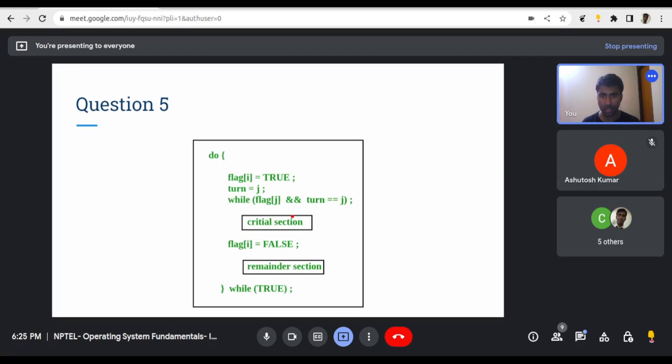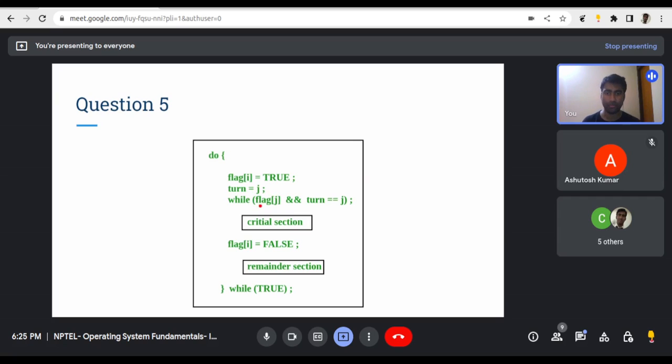And suppose there is another process J which wants entry to the critical section and is also executing in parallel. That will have a line like turn equals I in its entry section. Suppose that after execution of these two lines, there is a context switch to that process J, and there the same two lines are executed, and there is again a context switch.